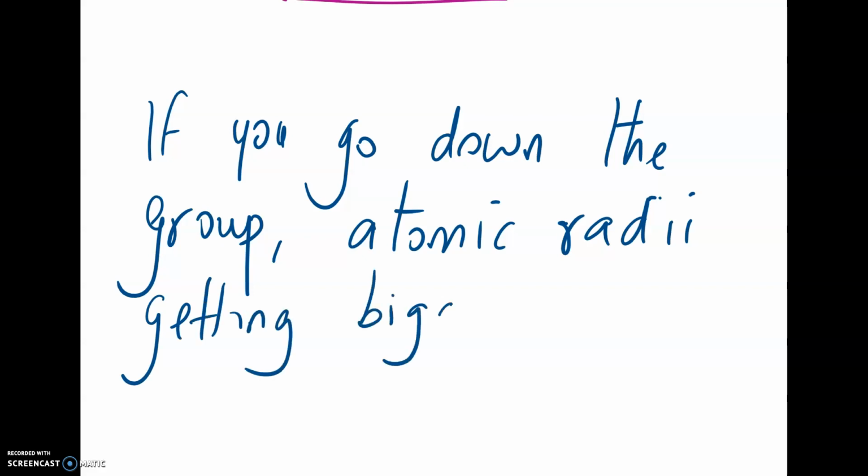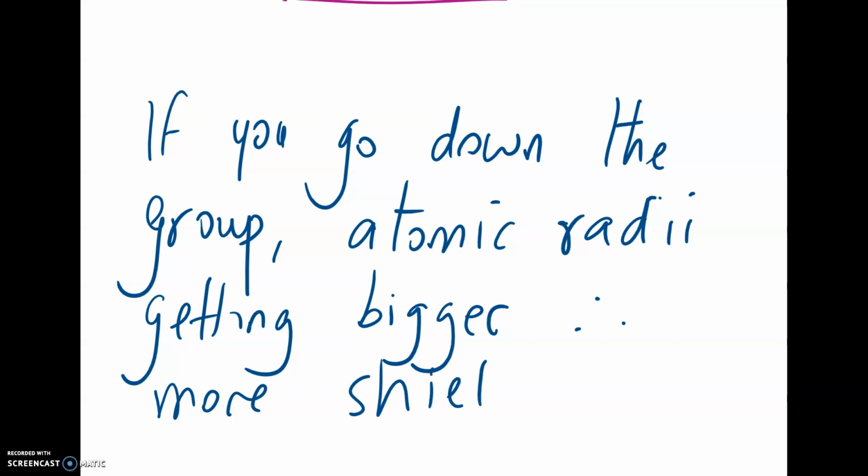Because you have got more electrons as you go down, which means you have more shielding effect. Shielding effect is basically how far your outer shell is from the nucleus.